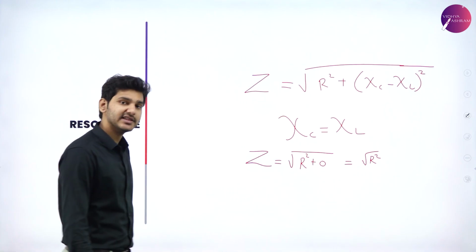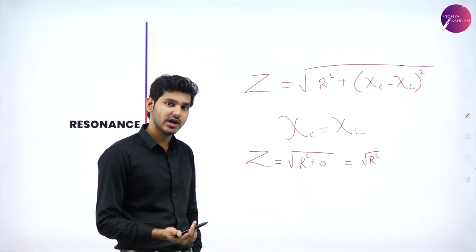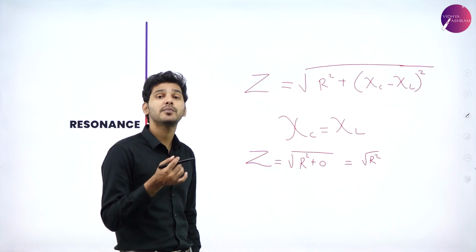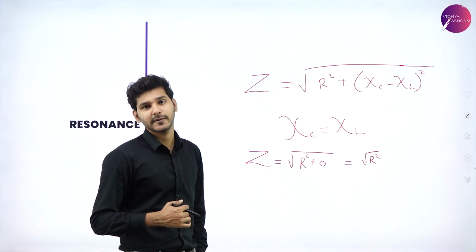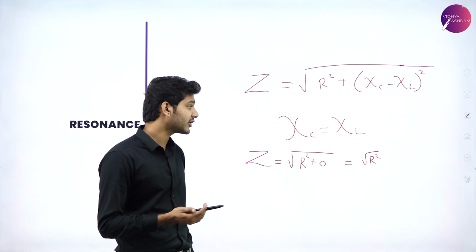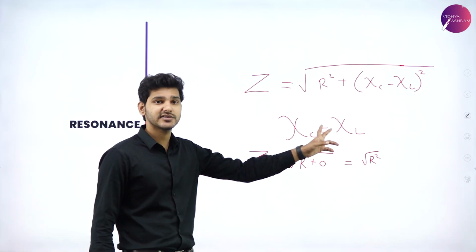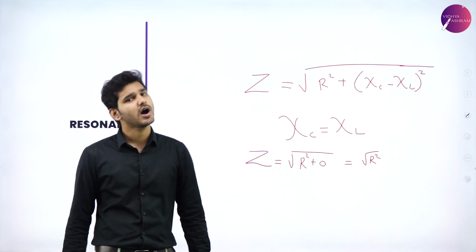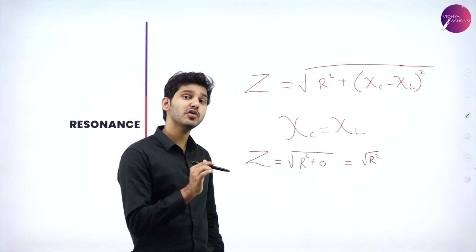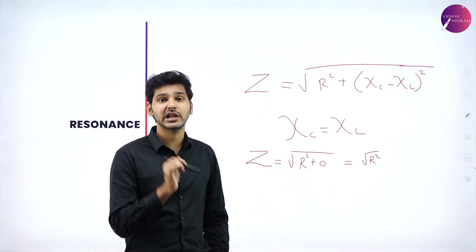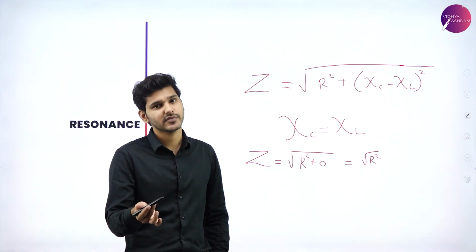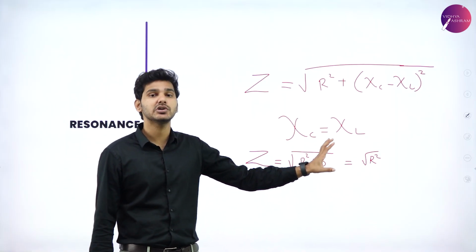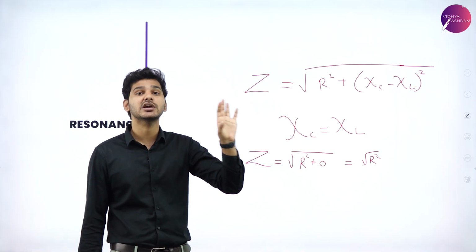So we can also say that under resonant condition, the inductive and capacitive reactances cancel each other out. Impedance will be equal to root of R square, or simply R, which means this circuit is now behaving like a purely resistive circuit. Automatically we can say that the series LCR circuit has attained resonant condition.